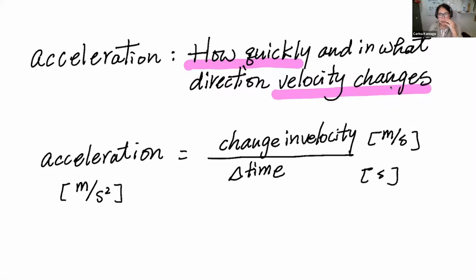And then let's say you have an acceleration of 10 meter per second squared, for 1 second. So what would be your final velocity?